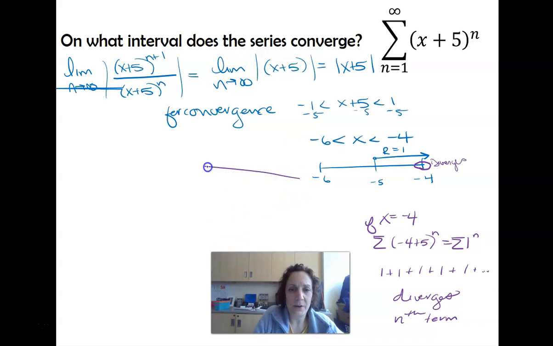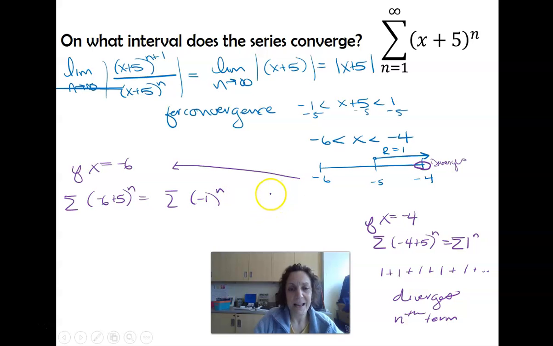What about if x equals -6? X equals -6, then I get this series. You may be noticing that when you test these endpoints, the series that result are very similar, right? So this one ended up being 1 to the n, this one is (-1) to the n.